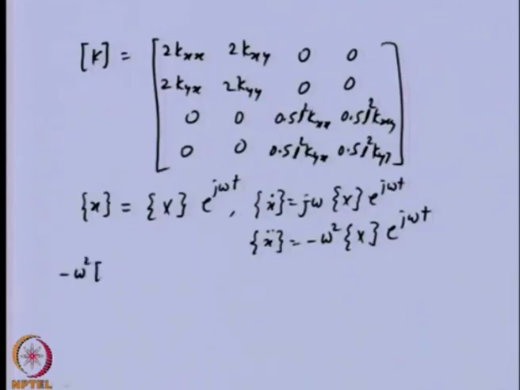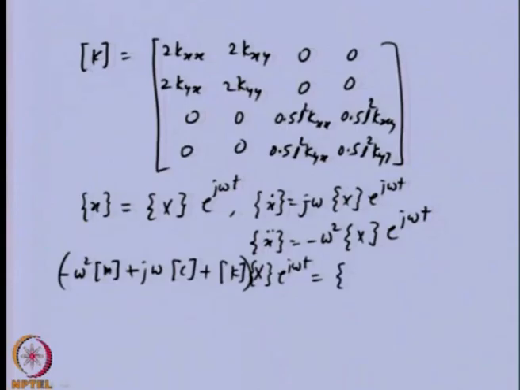minus omega square m, X I will be taking common, then j omega c plus k, I am taking X common, e j omega t. The force vector, which for unbalance was there, we can write as amplitude and this time dependent term, which we earlier defined, how cos omega t and sin omega t can be written in this form.